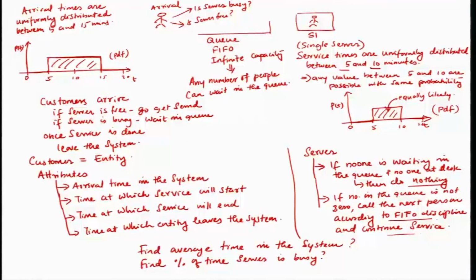I hope all of you understand the example setup that we have, and also remember when we draw a diagram like this, with the queue, then the server and other things, this diagram is also called the system diagram. It is different from the system diagram that is drawn in systems engineering, but this is more of a simulation system diagram. I hope everybody understands this example setup, and using this example setup we are going to do the simulation.